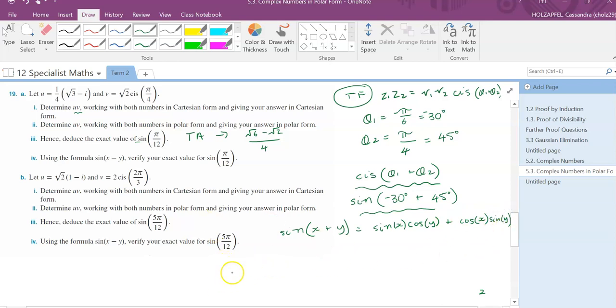All right, so the next thing I'm going to do is substitute in my values. So sine of negative 30 degrees plus 45 degrees is going to be equal to sine of negative 30 times cos of 45, plus cos of 45, so the reverse now, sine of negative 30. Okay.